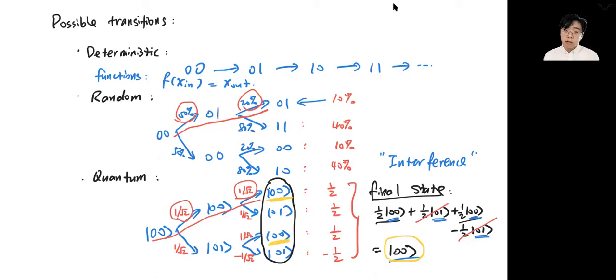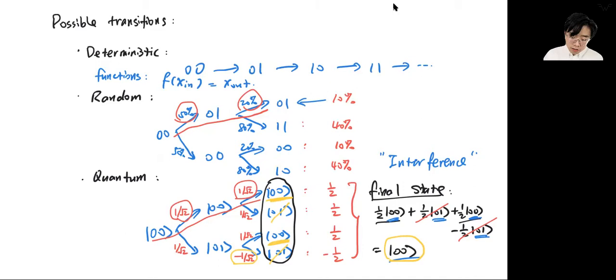What you can do to maximize the success probability at the end is create interference, canceling out those wrong answers and leaving only the right answers in your output. This type of interference is only possible if you can have negative coefficients in these transitions. And that is precisely what quantum transitions allow us to do.